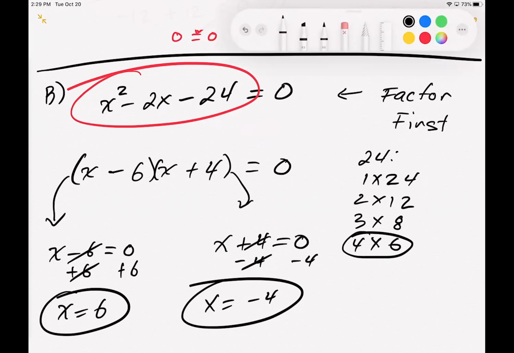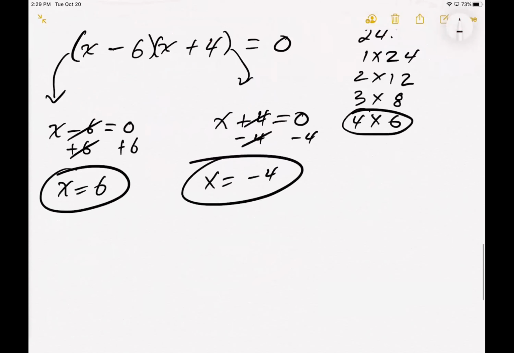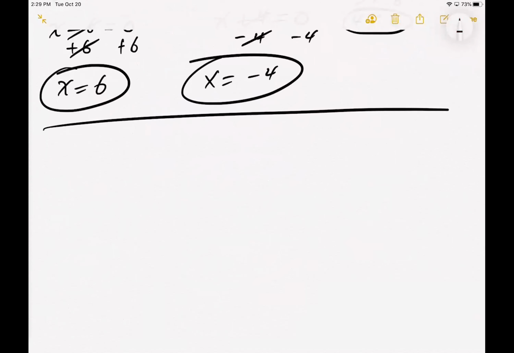All right, let's try another one. Let's say C, same thing.